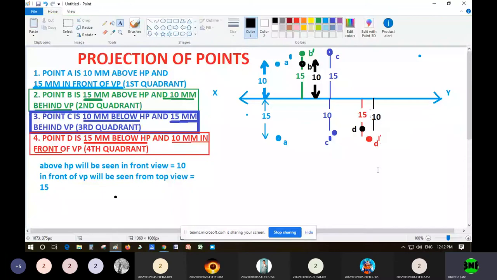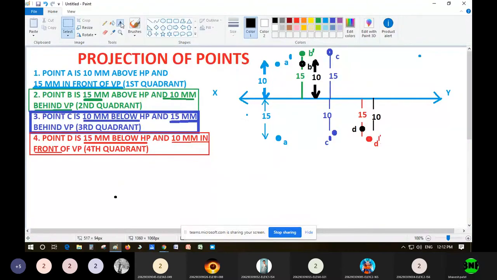Now we have to solve other 4 conditions also. So now we will look at those conditions. So let me write that condition. Let me select some other color.